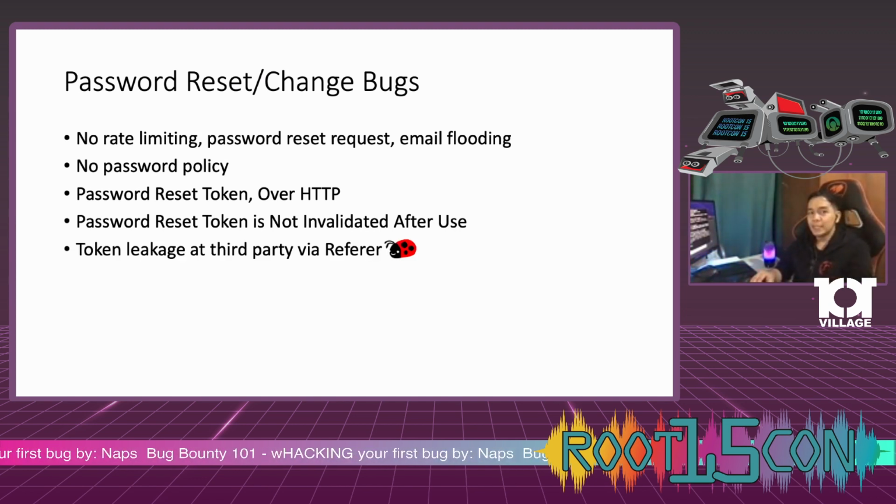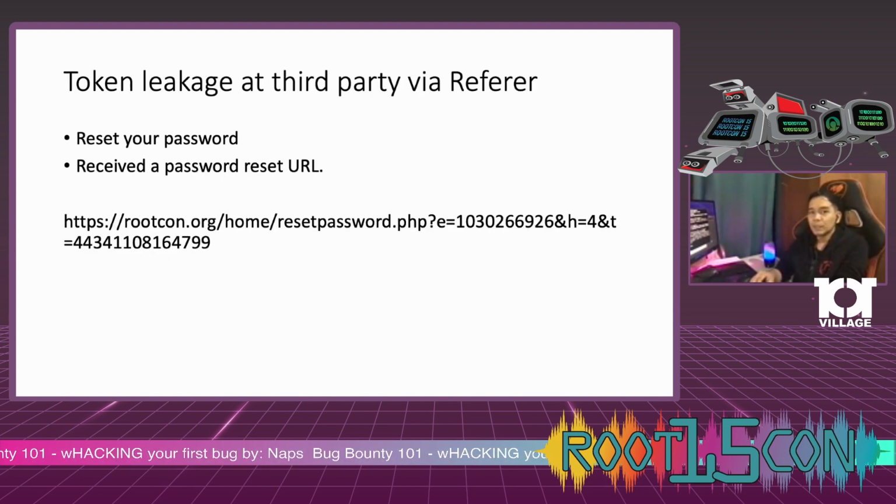So, token leakage to a third party via referrer. To check if the password reset token is leaking to a third party, just copy the URL of the password reset. In this example, our password reset is rootcon.org home reset.